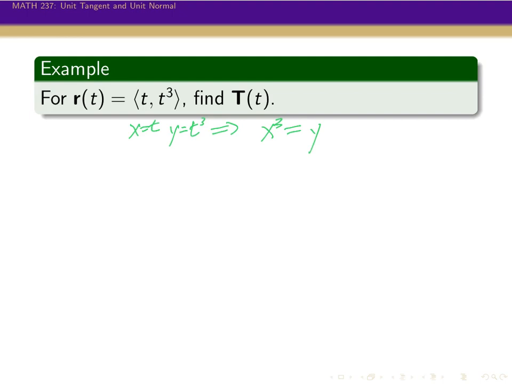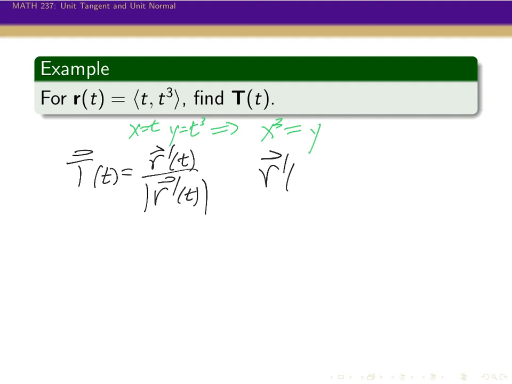To get the unit tangent vector, T of t is r prime of t divided by the speed. So we need to figure out the derivative first. Component by component, the derivative of t is 1, and the derivative of t cubed is 3t squared. So there's our velocity vector.